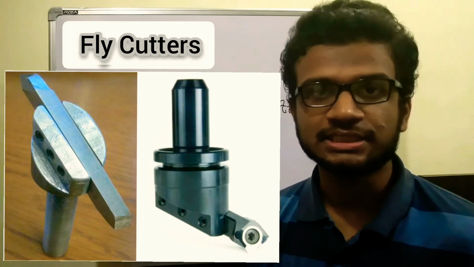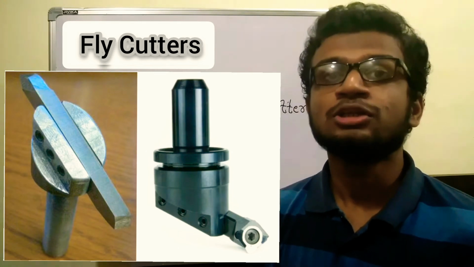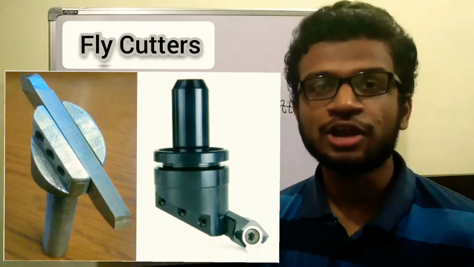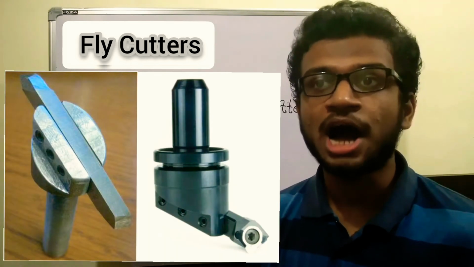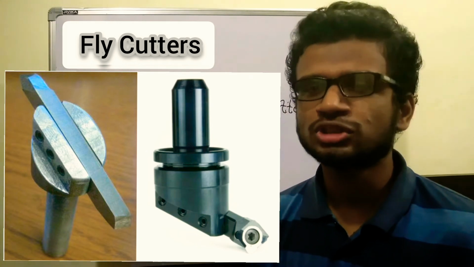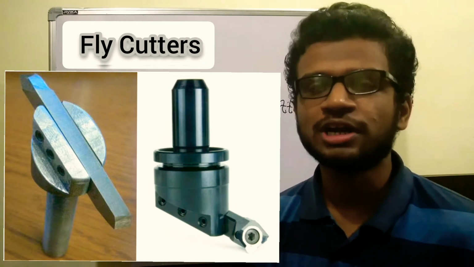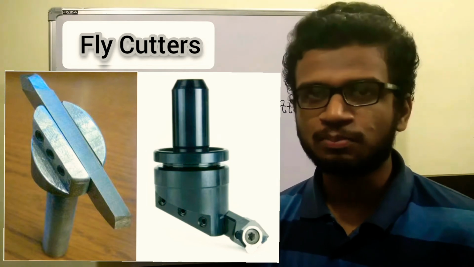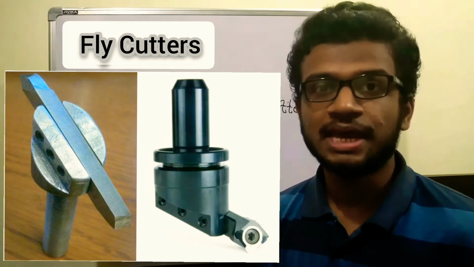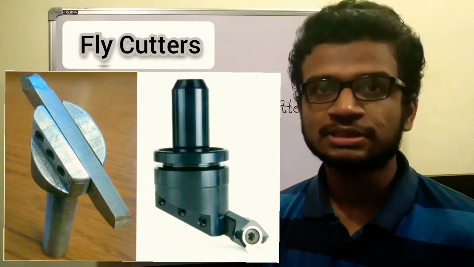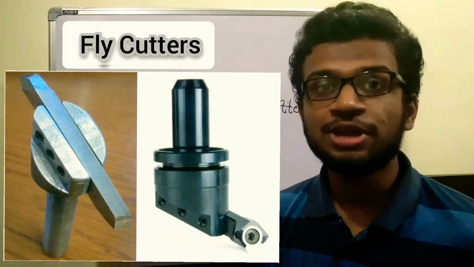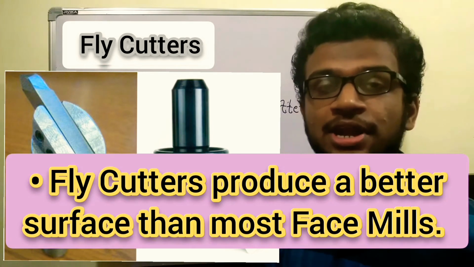Then these fly cutters can be used on those milling machines which do not have a high amount of spindle power, and in those kind of milling machines where we don't have a high amount of spindle power, face mills cannot be used.